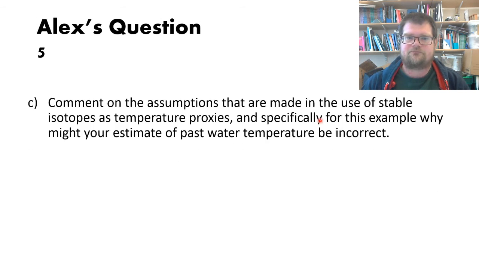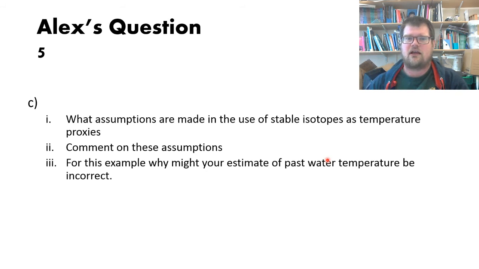Okay, right, so moving on now to some of the assumptions that we make when we use stable isotopes as temperature proxies. Once again, this is an example of where this question, although it doesn't explicitly say, has multiple parts. So we could maybe split this up even into 3 parts.